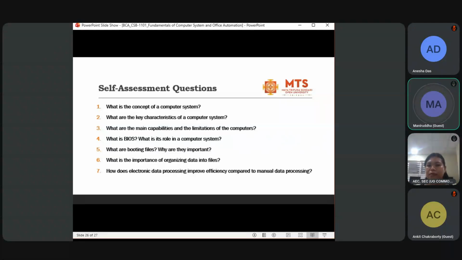A main capability is that the computer can provide accuracy, the exact thing you need. A limitation is that the computer only knows numbers, so apart from that it doesn't know anything.